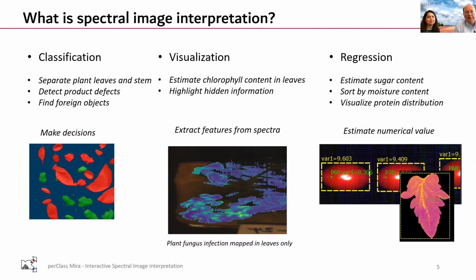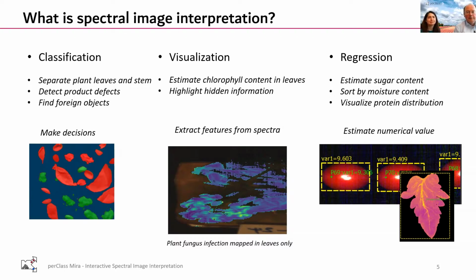The second one is visualization and feature extraction. So how do you get meaningful information from your spectral data, typically only on the objects of interest, let's say disease patterns on the plant or stress level of the plant and so on.